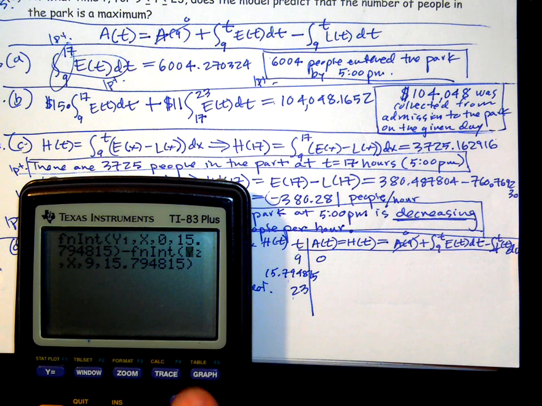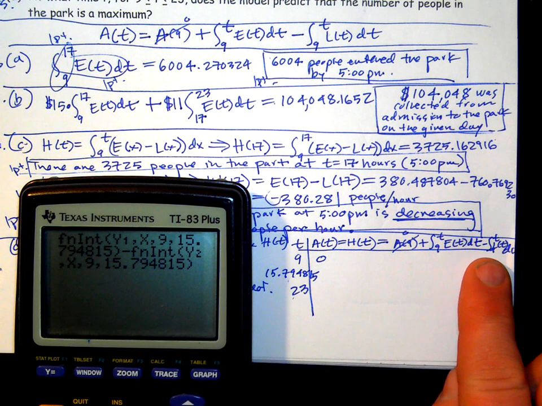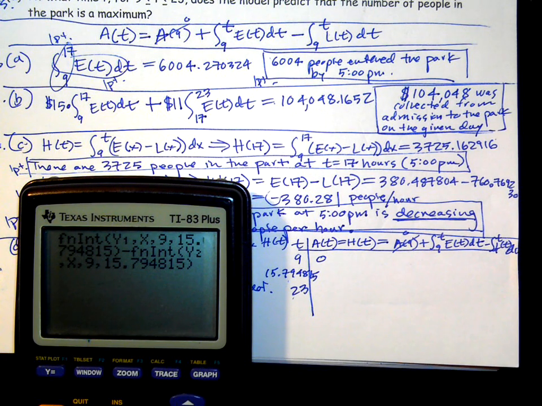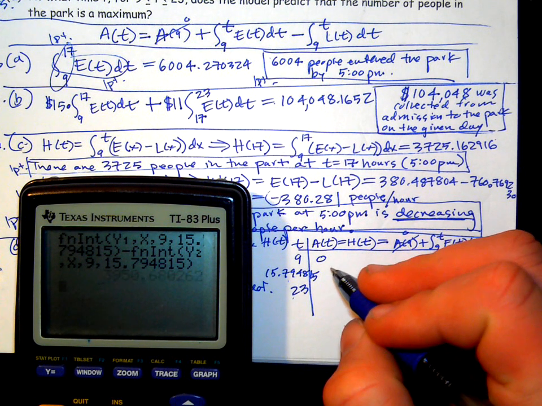Now, I made a mistake up here. I put 0 just because I'm so used to it. It's supposed to be 9 because I'm plugging into this, right? Okay. Hit enter.